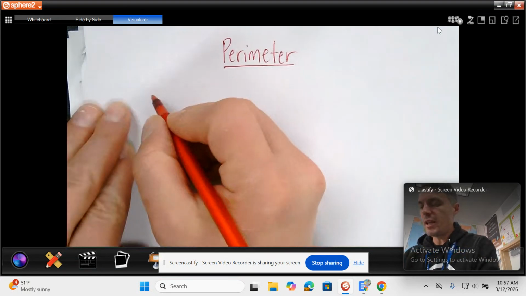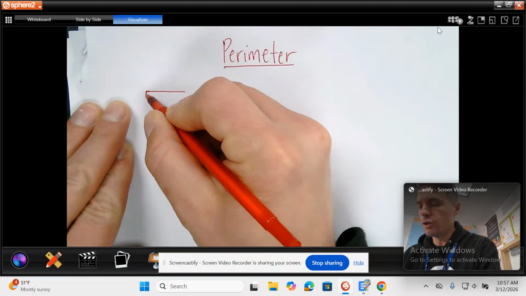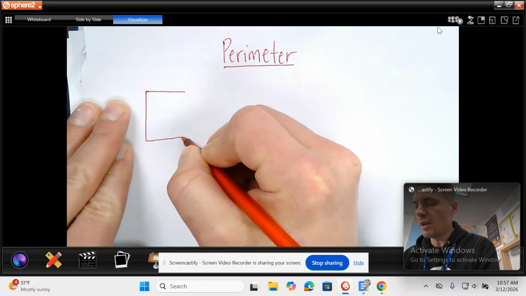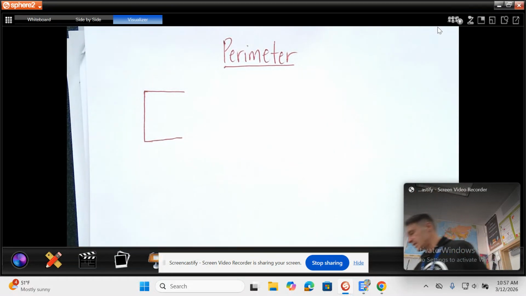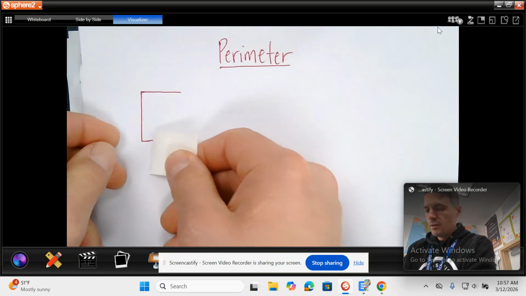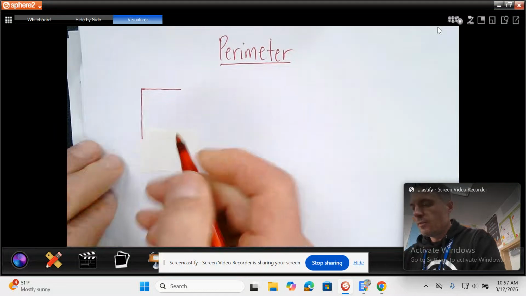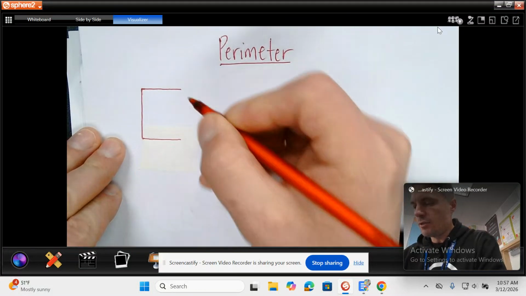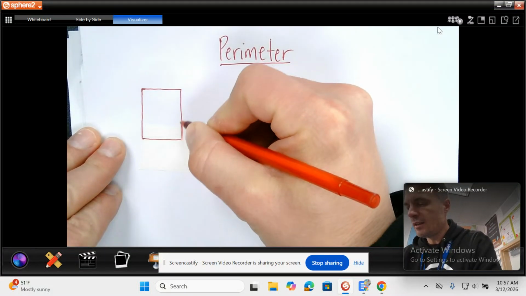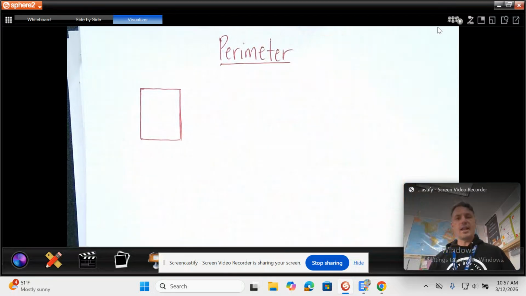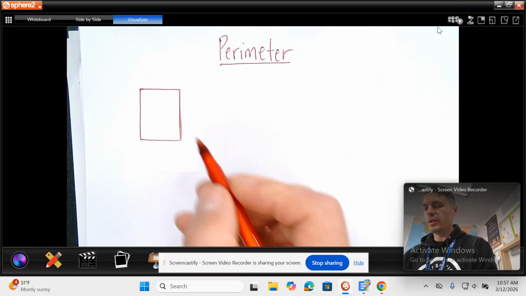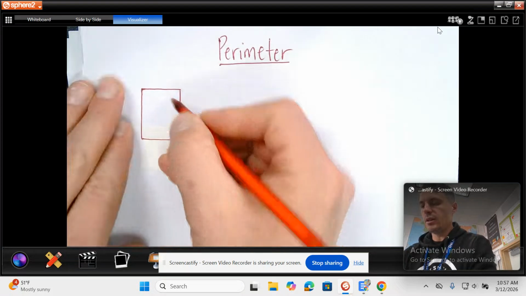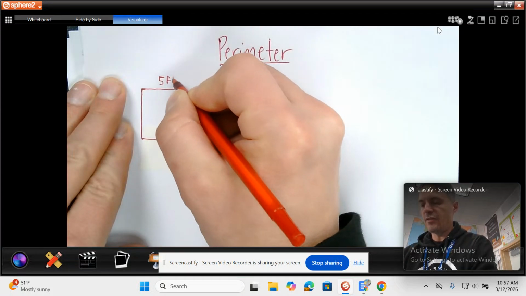So let's say we have a two-dimensional shape like this. I'm going to fix that because I accidentally messed up one of the lines there. This is a rectangle. Okay? And let's say this rectangle is from here to here, let's say it's 5 feet.